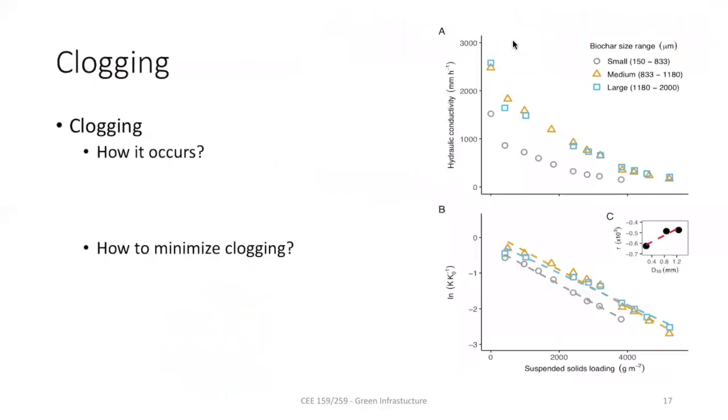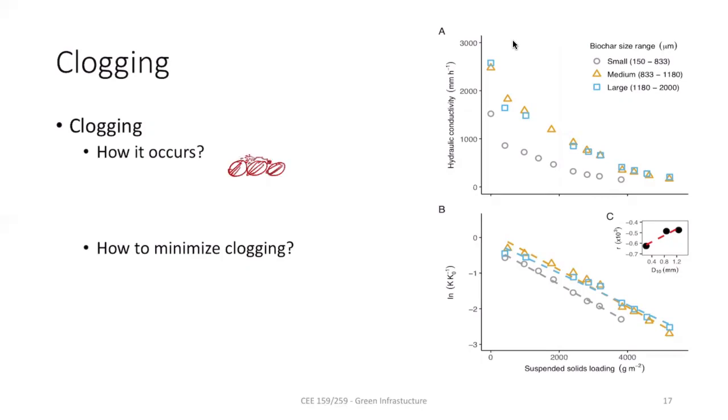Next one is clogging. As I said, there is an advantage and a disadvantage of having small size particulates. If you have very small size particulates, they can remove lots of sediments or particulate pollutants, but they can also get clogged in the process. The reason it clogs is, if you take the top layer, let's say this is particulates, you have very small particles building up here.